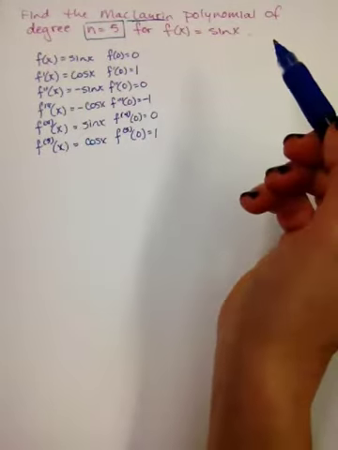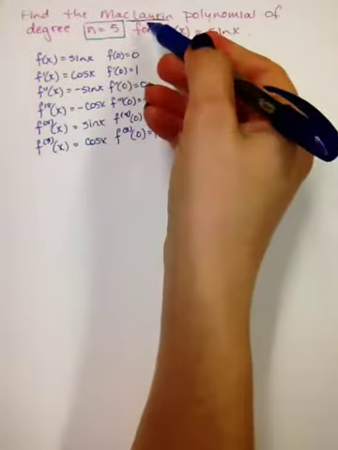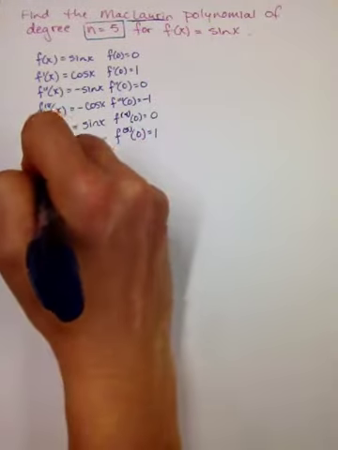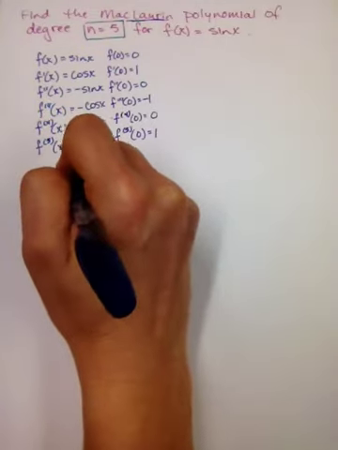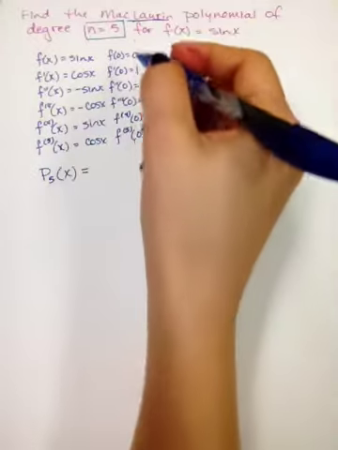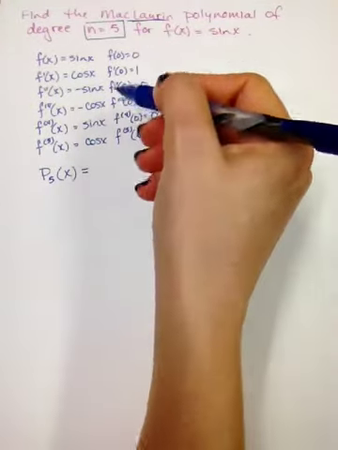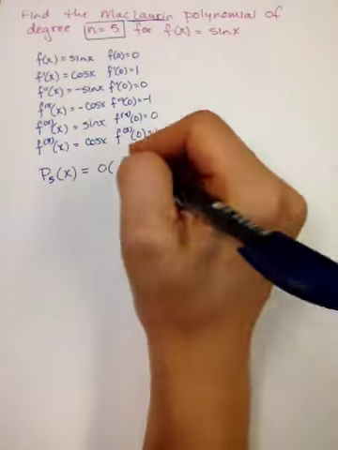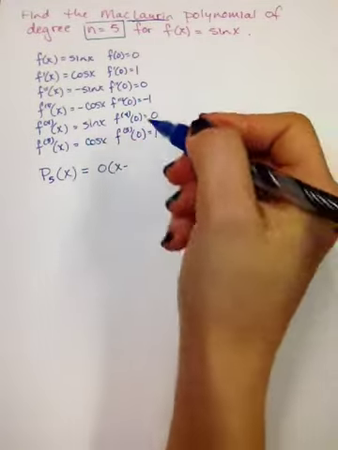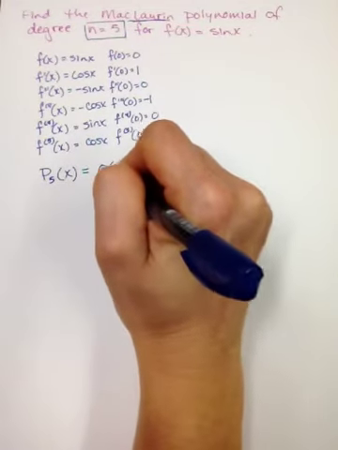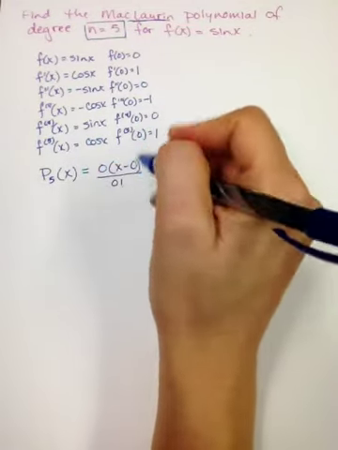Now, following the pattern for a Taylor polynomial, and this one's Maclaurin, so it's just a special case where it's centered at 0, I would say the fifth degree polynomial of x equals, and I'm going to follow a pattern. So I'm going to start with 0, multiplied by x minus where you're centered. Now this is Maclaurin, so 0 to the 0th power over 0 factorial for that very first term.